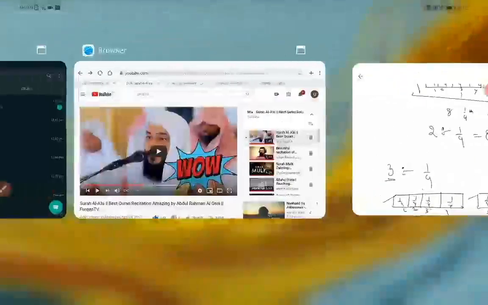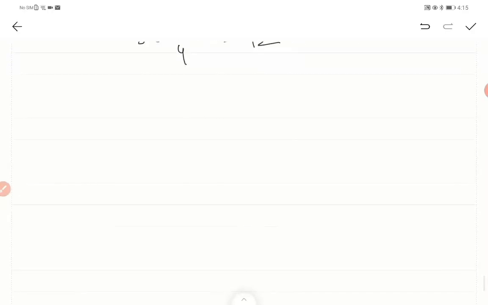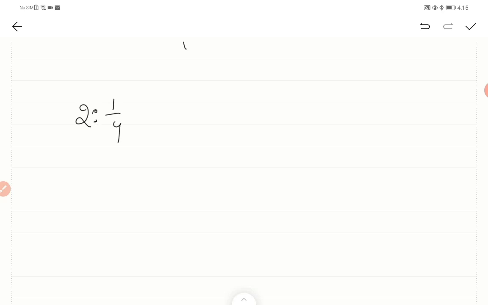Now let me show you direct simplification. So you have 2 divided by 1 by 4. What does this mean? It's a rule: you first convert this into multiplication, like how we converted subtraction into addition using the additive inverse.